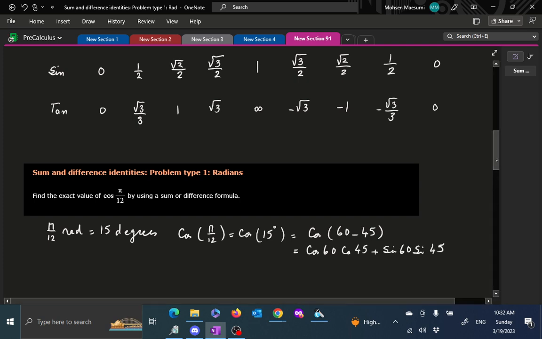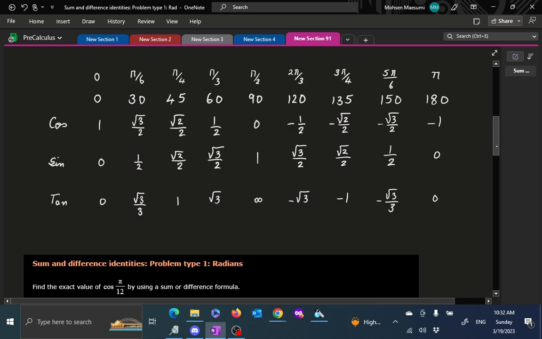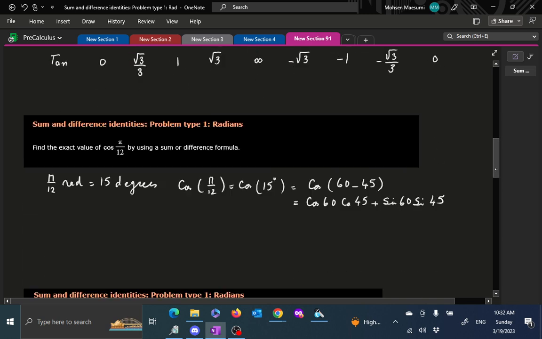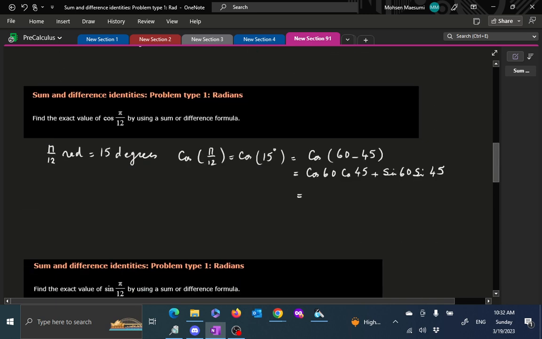And then hopefully by now you have memorized this table, and you quickly write that cosine of 60 is 1/2. This is radical 2 over 2, and this is radical 3 over 2, and this is again radical 2 over 2. And then when you add them, denominator is 4 and numerator is radical 2 plus radical 6. So that would do it for this problem.